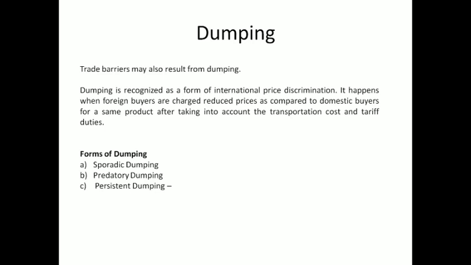It means both ways he is getting from one market a monopoly profit and from the other market a sales maximization profit. So persistent dumping is where he is trying to maximize his own profit.